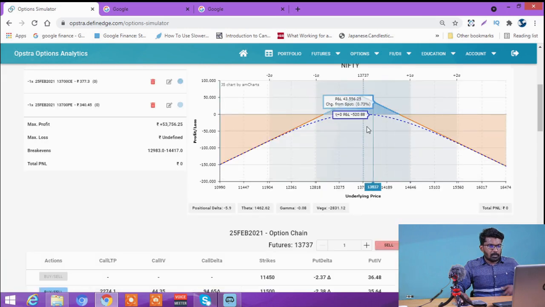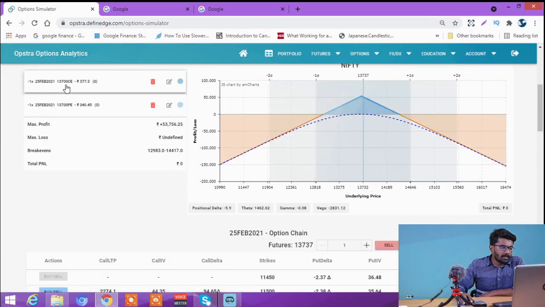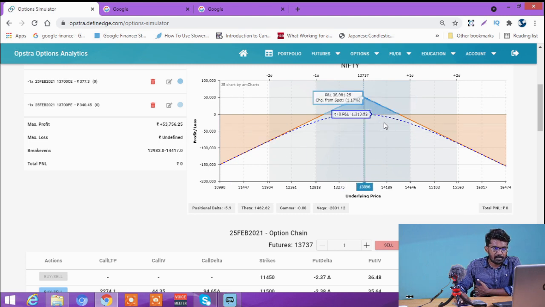That is a short straddle. So we have sold the 13,700 call and the 13,700 put, and we have collected a net premium of 53,756. Our break even point on the upper side is 14,400 and on the downside is 13,000.